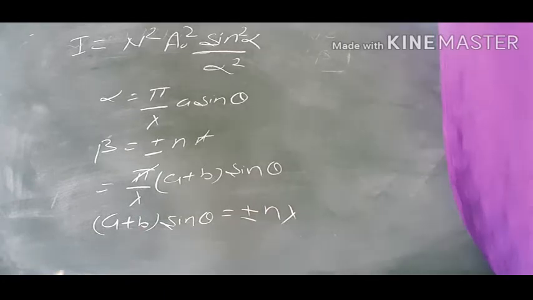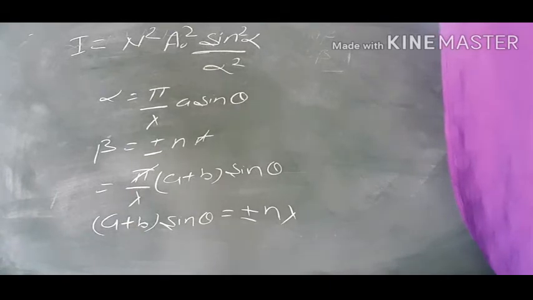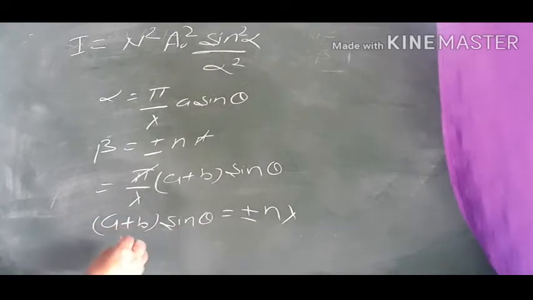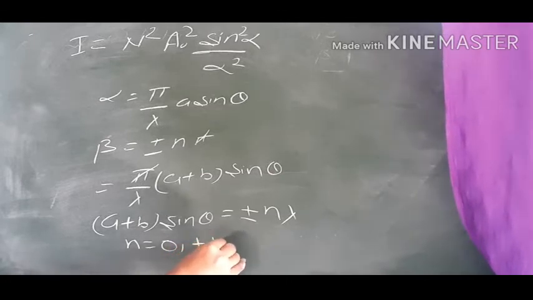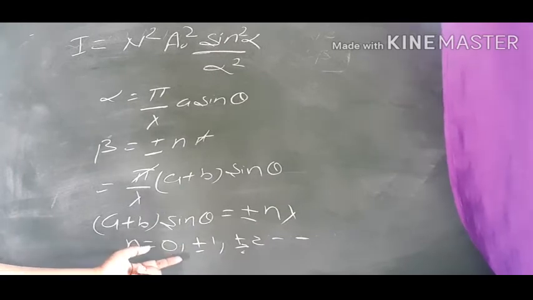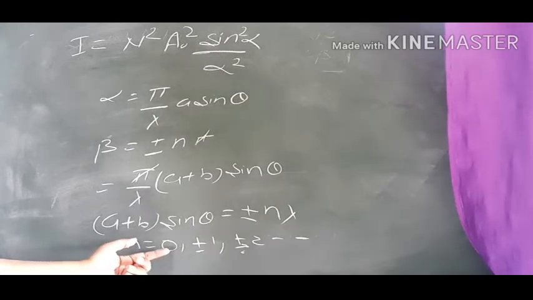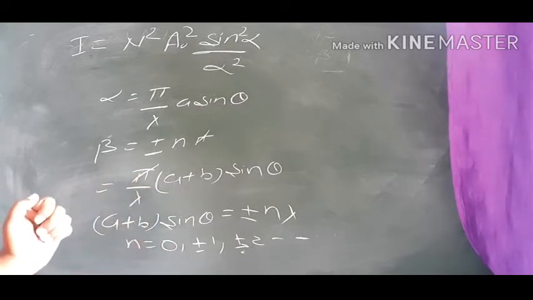Okay, so this is the condition for principal maxima. n is equal to 0, plus minus 1, plus minus 2, and so on. n equal to 0 represents the central maxima. Central maxima is the brightest maxima.